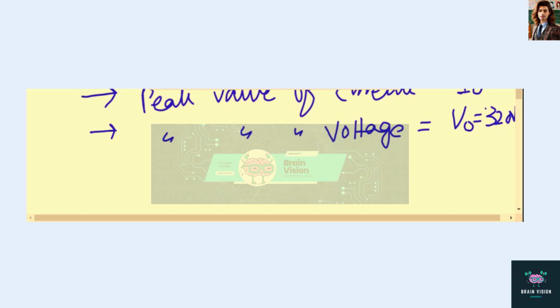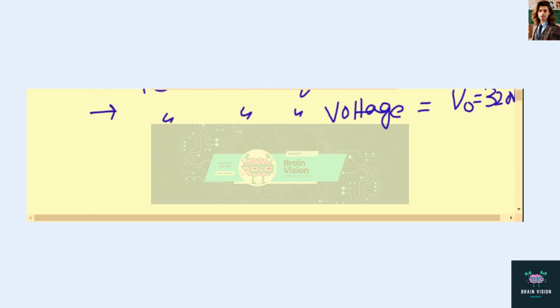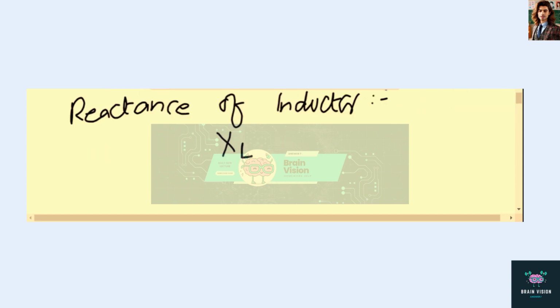The next step is that we need to find out the reactance of inductor, that is inductive reactance. XL is equal to 2 pi f L. Substitute the values and you will get 67.85 ohm.